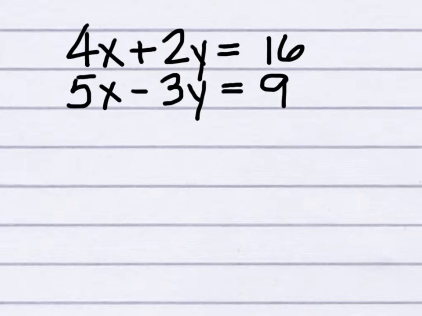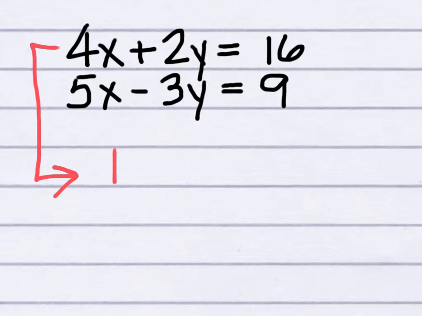You can pick whichever one you want. Pick one that might look a little easier than the other to mess with. I'm going to try the first one, and I'm going to choose y, just because I want to. I chose the first equation and chose to isolate y for no other reason than I wanted to.